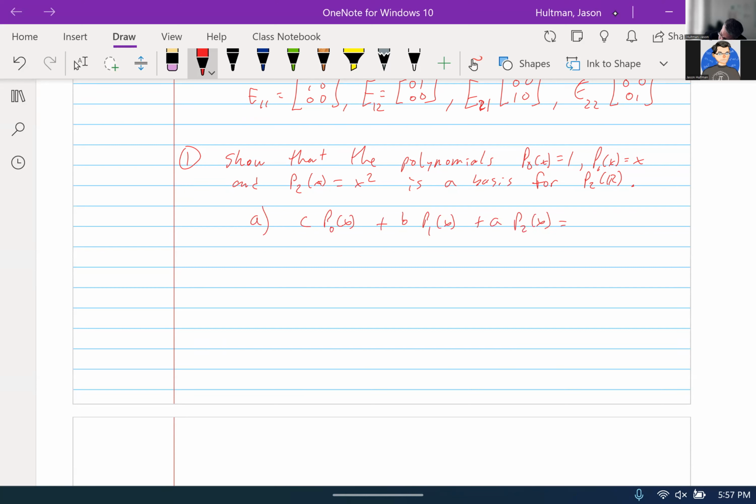That's going to be equal to C times 1 plus B times x plus A times x squared.